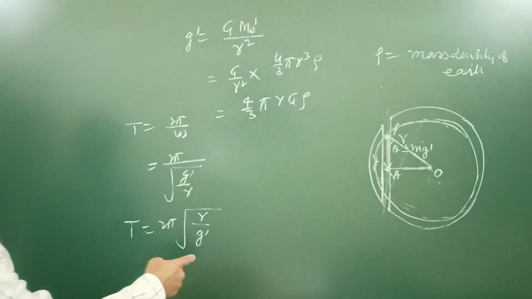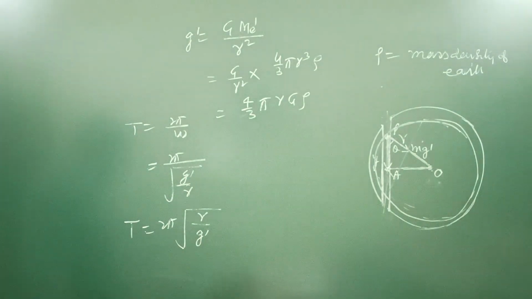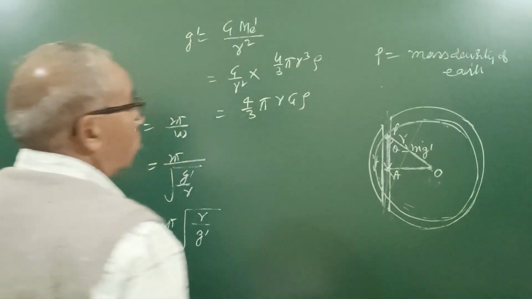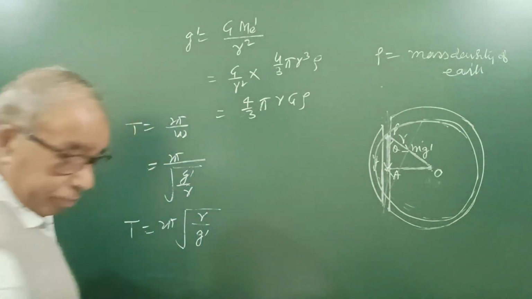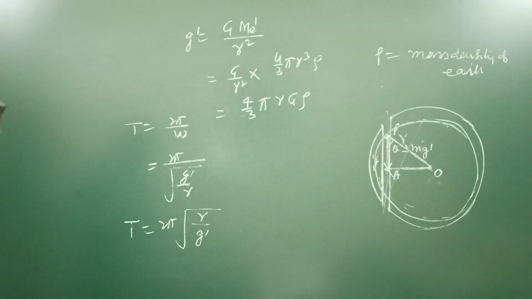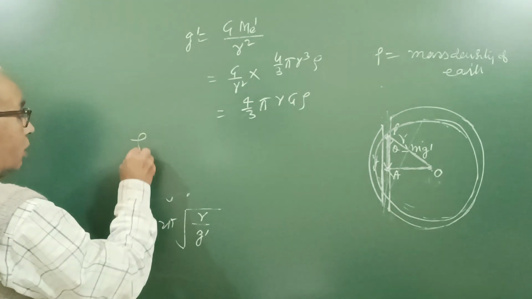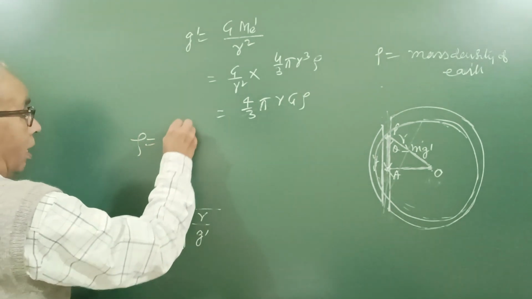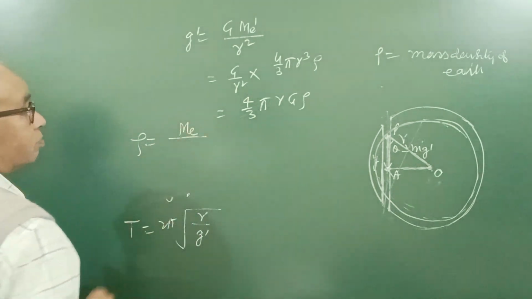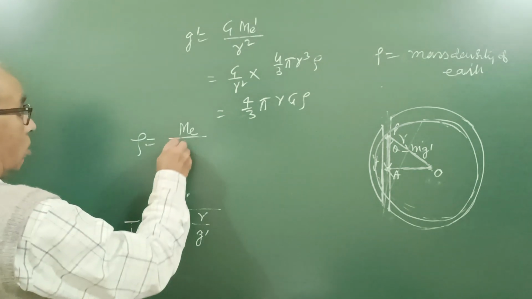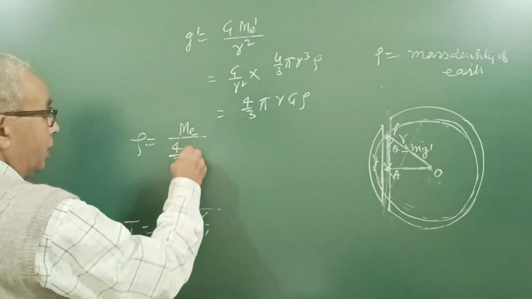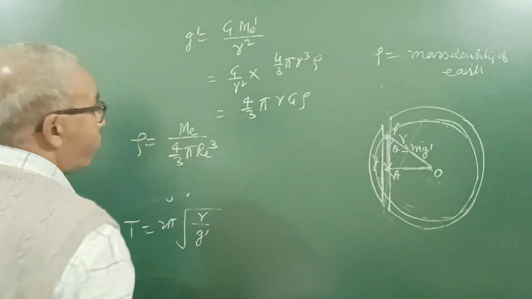If we put this value of g dash here, further rho equals M e upon 4 by 3 pi R e cube also.